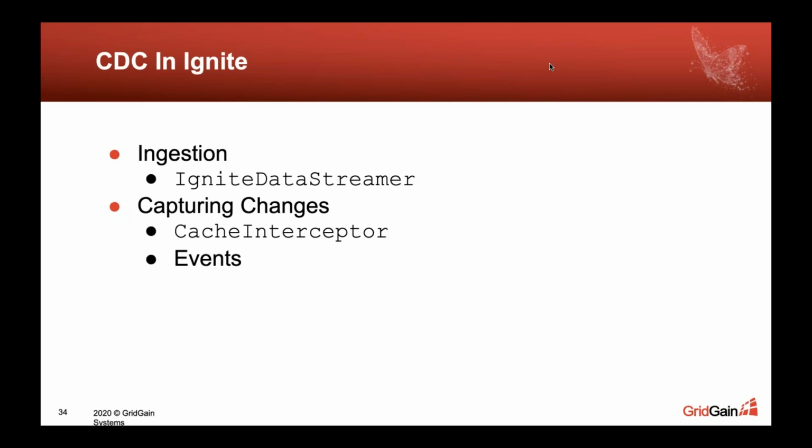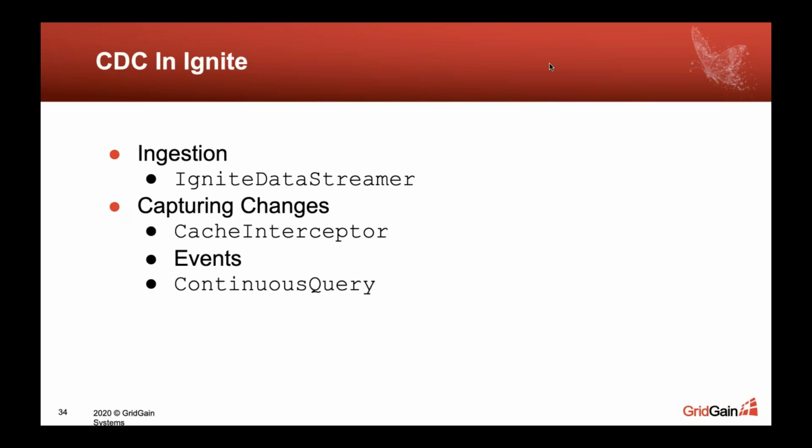You have events which are asynchronous counterparts of Cache Interceptor. They usually have probably better performance in terms of change data capture, but you need to make sure that your business logic will be fine if update happened, node crashed, and your event callback never got executed.